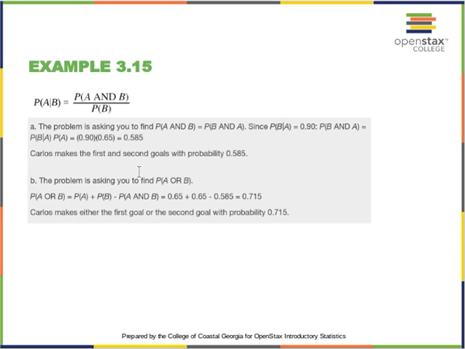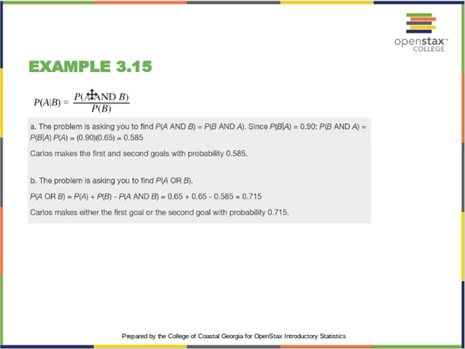The problem is asking you to find probability of A and B, which is equal to the probability of B and A. And since we know the probability of making that second shot B given the first shot A is 0.9, and the probability of B given A is equal to probability of B and A over probability of A, we can just switch this and switch that to an A, and that gives us the same exact formula.